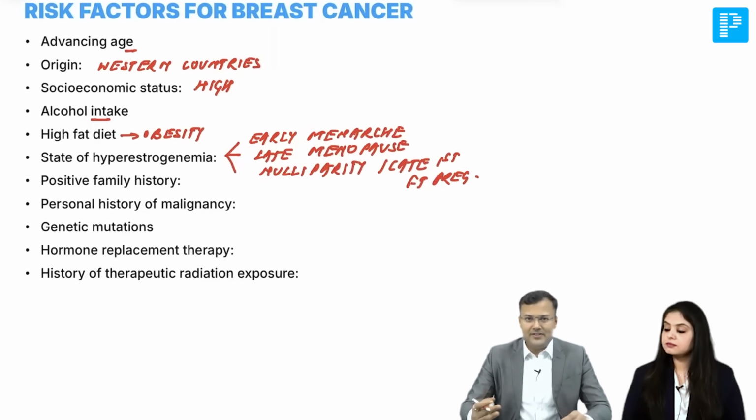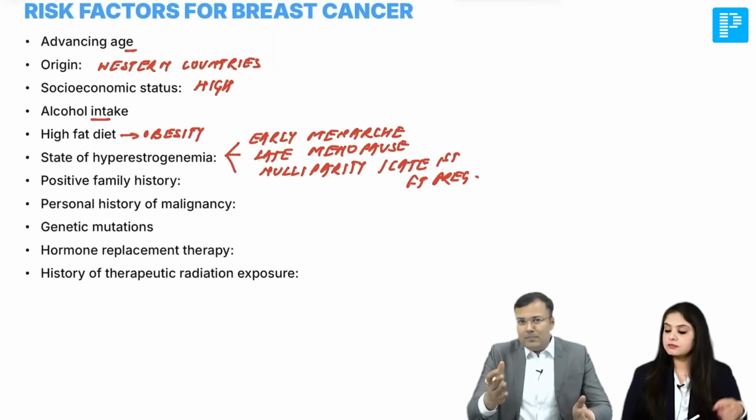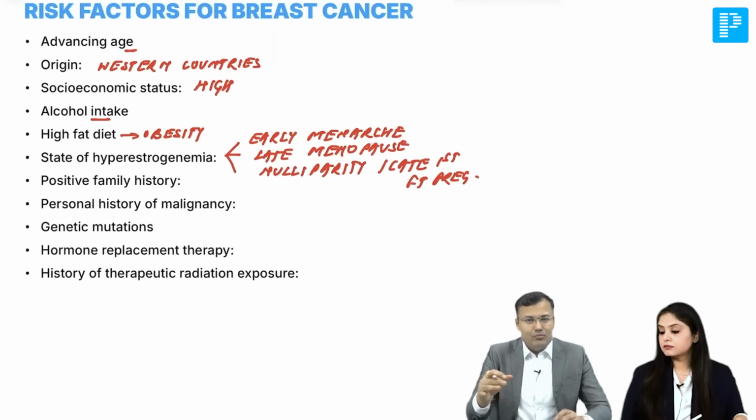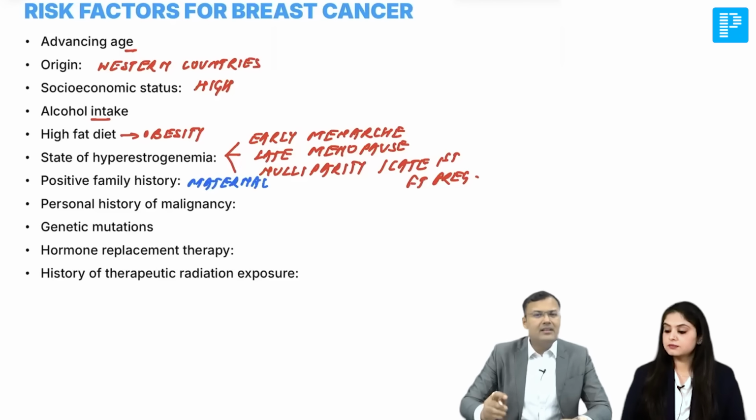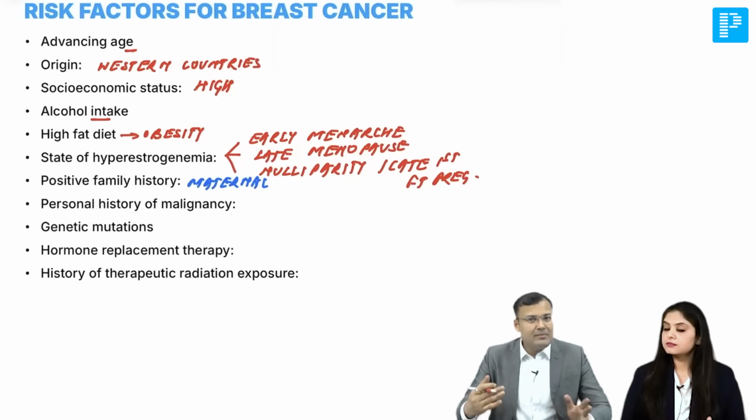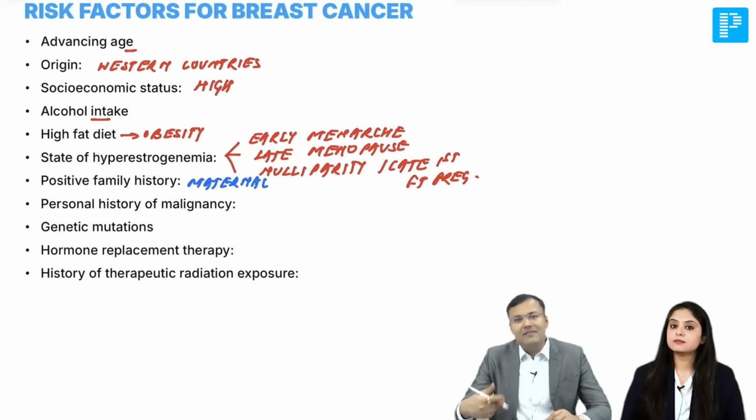Next, positive family history. You must know that both paternal as well as maternal history is significant, but mainly it's the maternal side which is more important. Maternal means the patient's sister, the patient's mother, and the patient's mother's mother. If she has breast cancer, it means the malignancy is running in the family line.